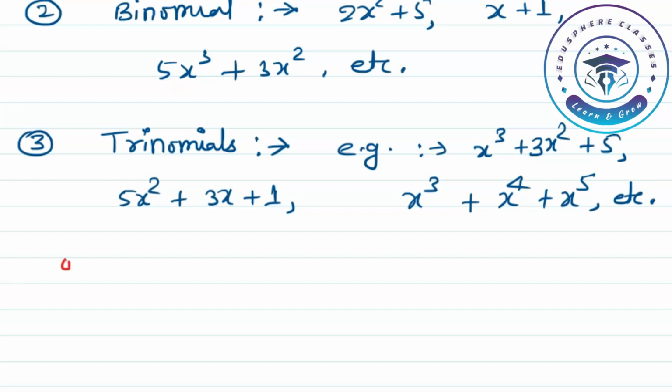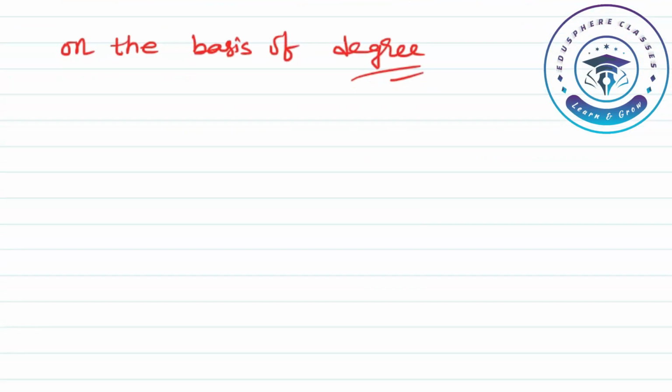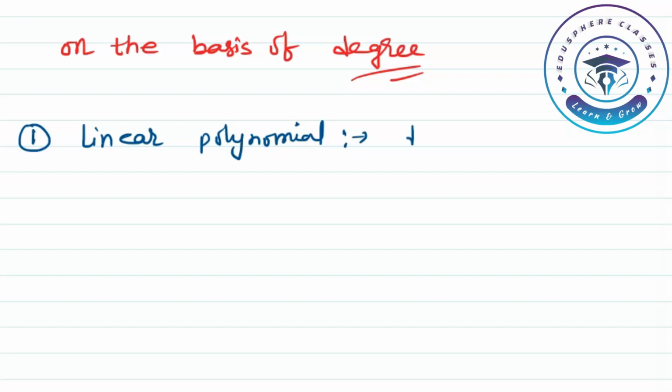Then on the basis of degree, we categorize polynomials as linear polynomials, meaning the degree of the polynomial is 1.